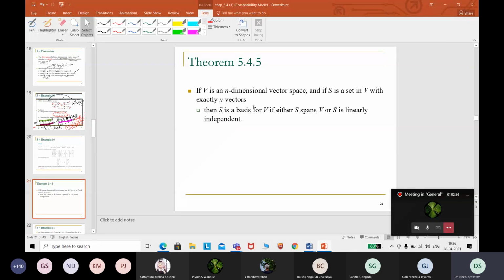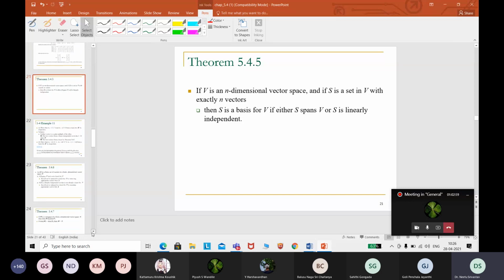Here the question says that this is also a very important result. If V is an n-dimensional vector space and if S is a set in V with exactly n vectors, S has n vectors, and V also is n-dimensional, it means that its basis has n vectors. Then S is a basis for V if either S will span V or S is linearly independent.